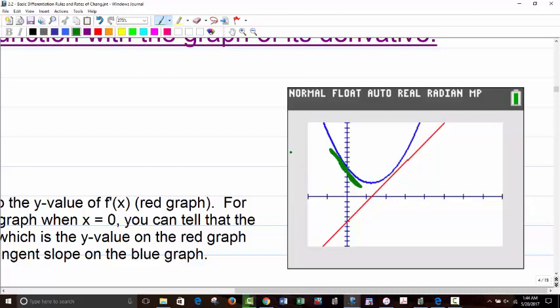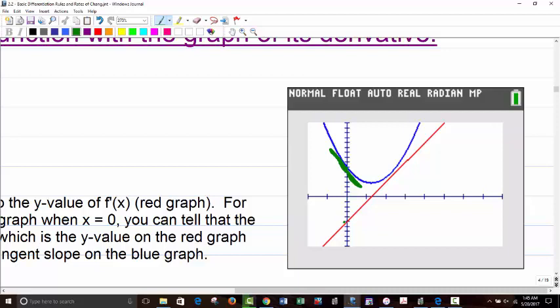Okay, but you see, I'm drawing this at x equals 0. That's the key, the look of the graph and what your x is. X is 0. Now, one thing you can tell about my sorry looking sketch is we know for sure the slope is negative. That's heading down. But the actual slope would be what the y value is on the red graph, the derivative graph. You don't draw a tangent line or anything on the derivative graph. You just look at what the y value is.